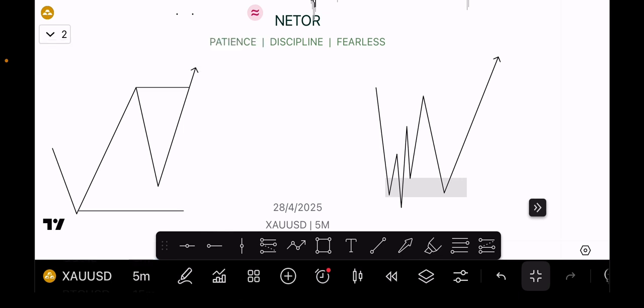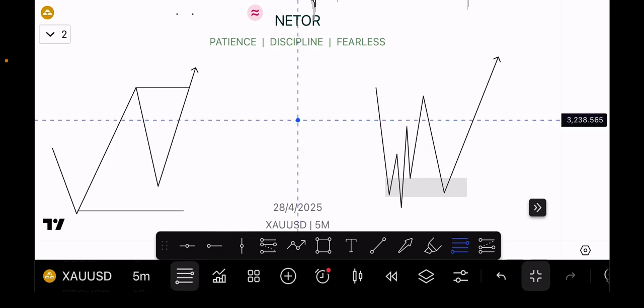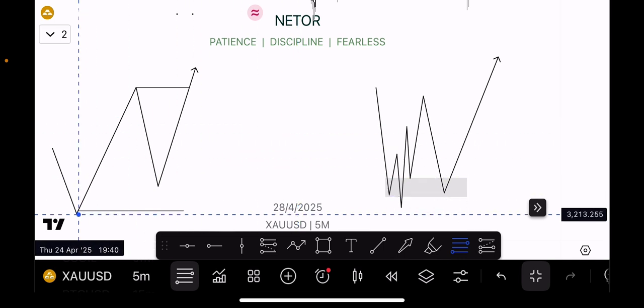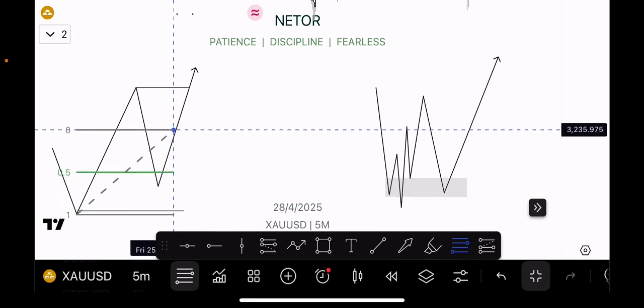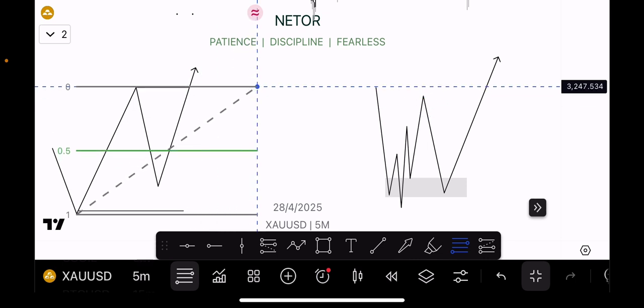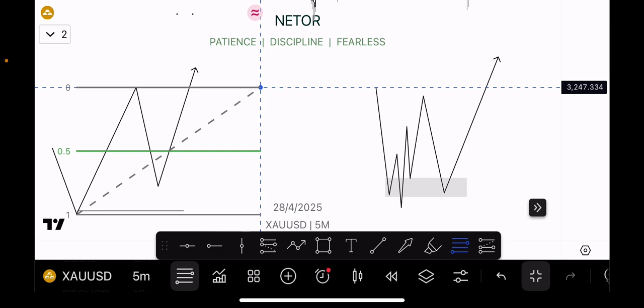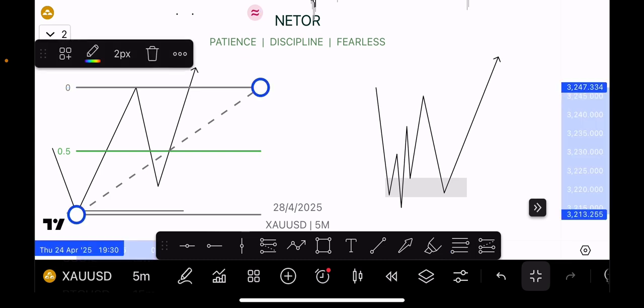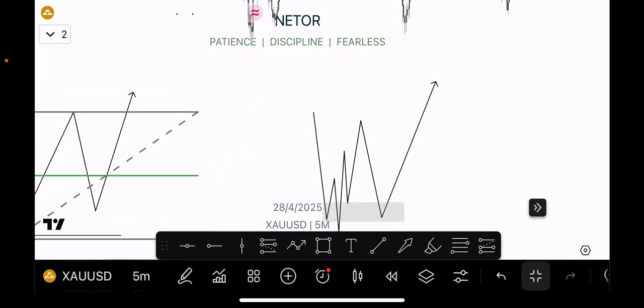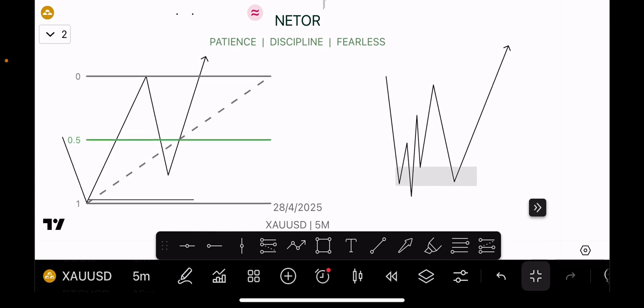The next thing you need to identify is to check out for the premium and the discount. And how do you know the premium? How do you know the discount? Take your Fibonacci. My Fibonacci is already set, so 50% of Fibonacci. If I draw my 50% here, you see this particular chart.